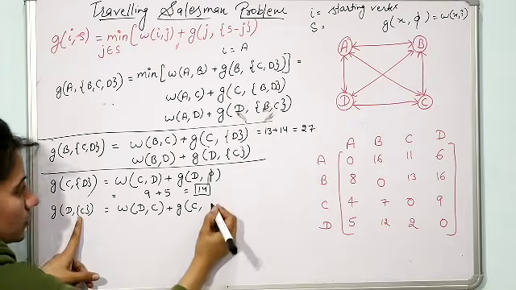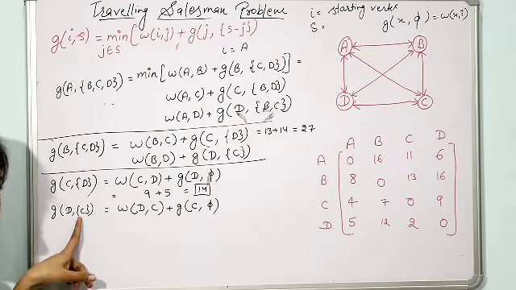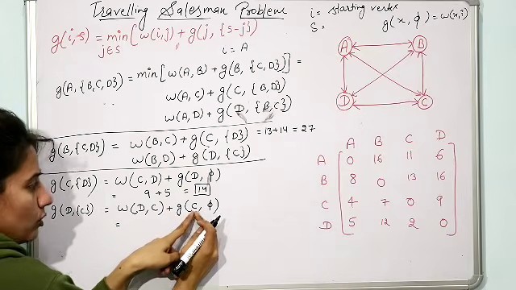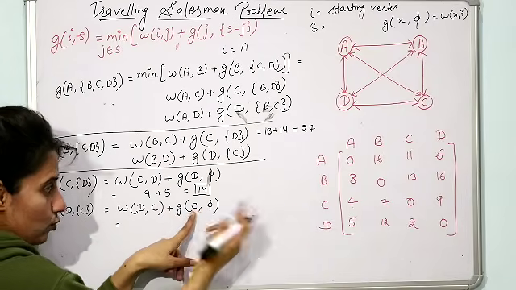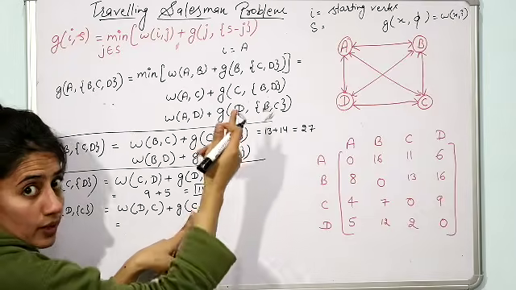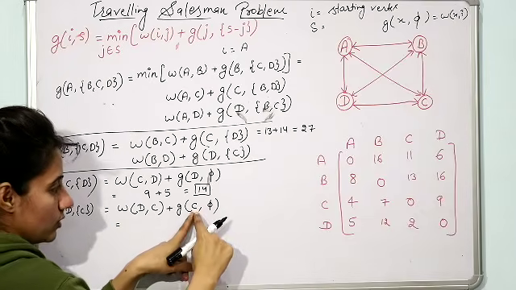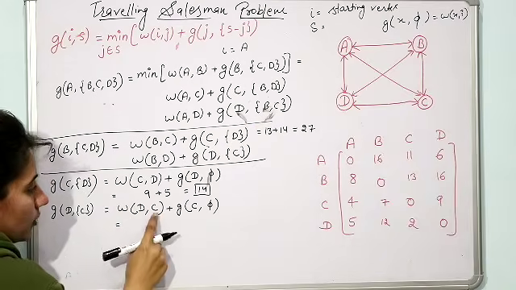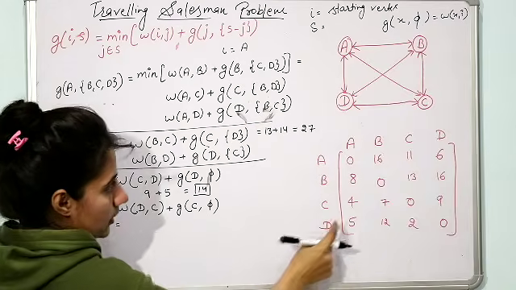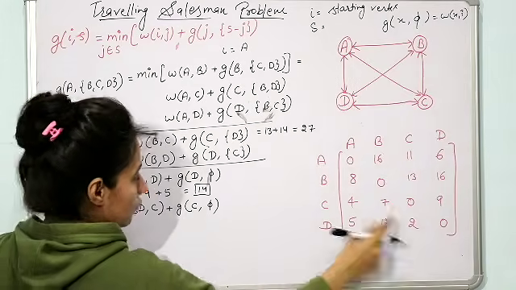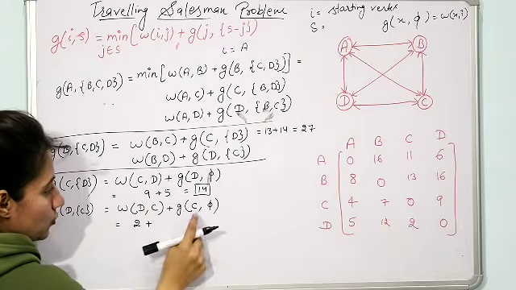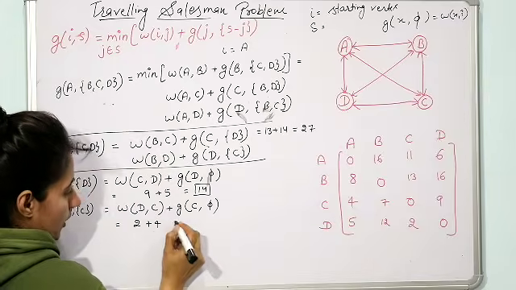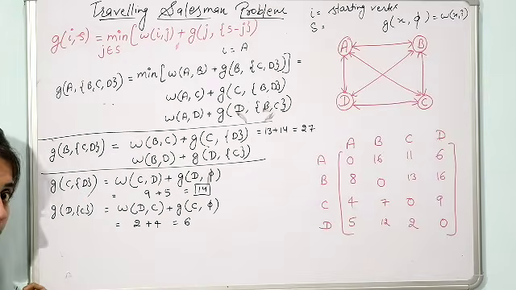Set is C minus C, so it would be empty. Same, we cannot go from C to anywhere, then we will go back to A. Then here you will write cost of C to A. Weight of D to C is 2, plus weight of C to A, that is 4, and it would be 6.